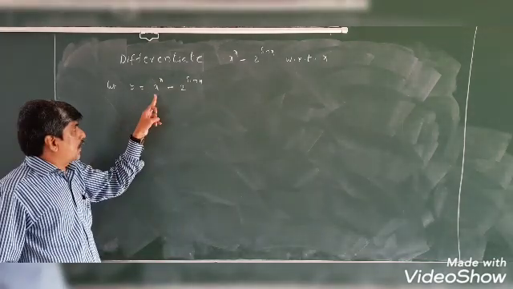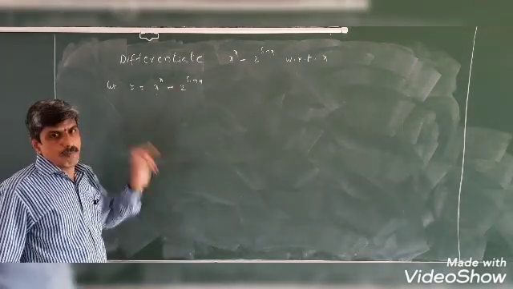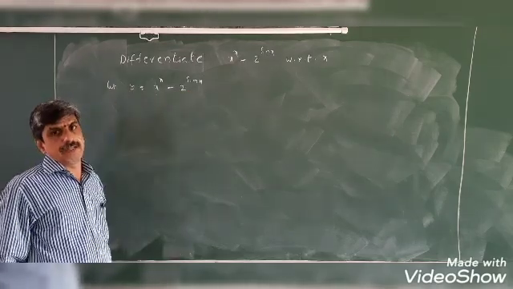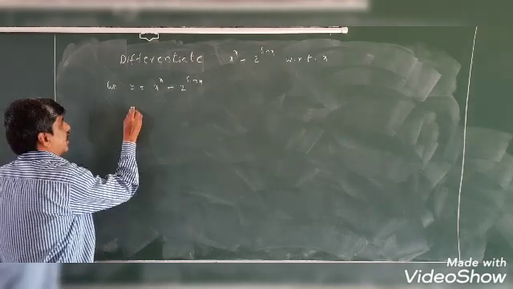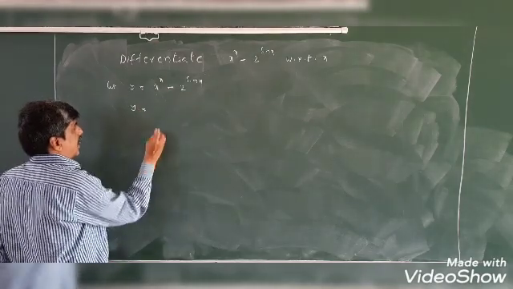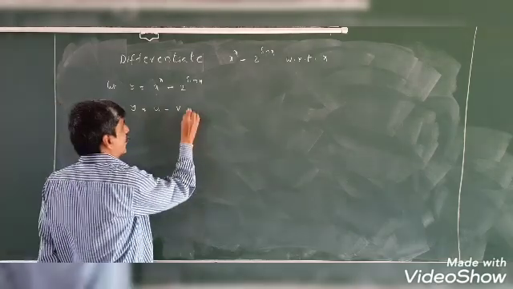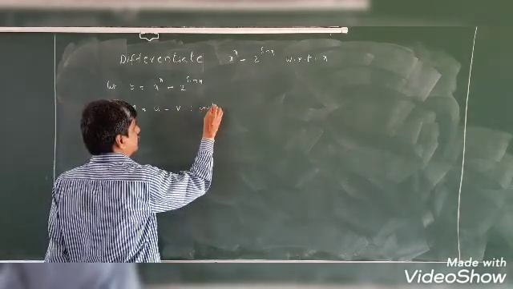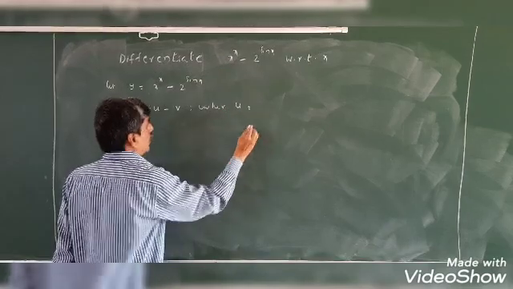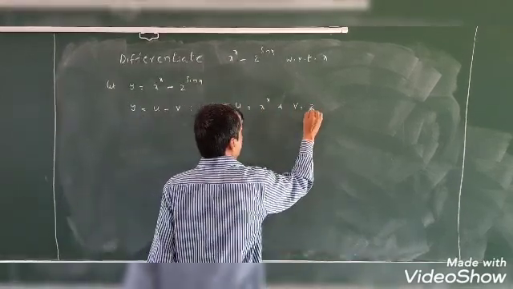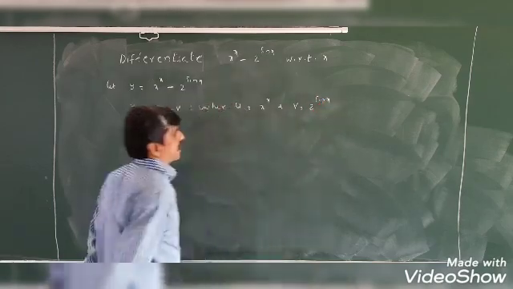In this problem, since there is a minus sign between the two terms, don't take log directly. First write y is equal to u minus v, where u is equal to x power x and v is equal to 2 power sin x.